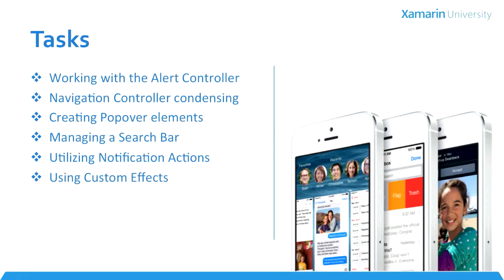We're going to see some changes in existing controls. We're going to see some improvements in navigation, new ways of alerting the user and providing modal content, and streamlining some of the old existing APIs like the search bar. And finally, we'll look at some visualization techniques we can add just to add a little bit of polish or flair to our applications, if you will.